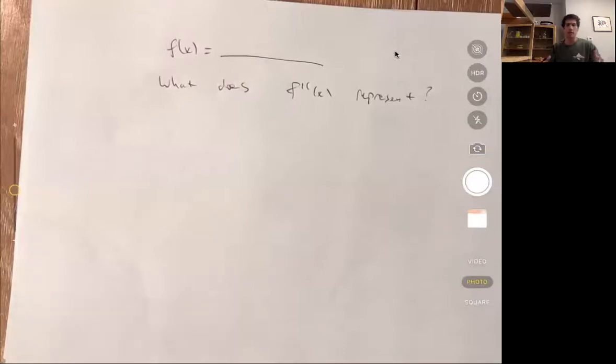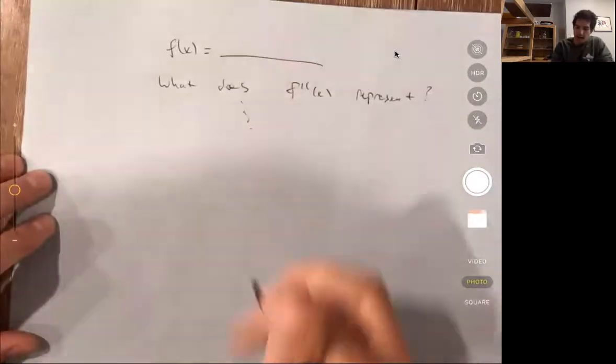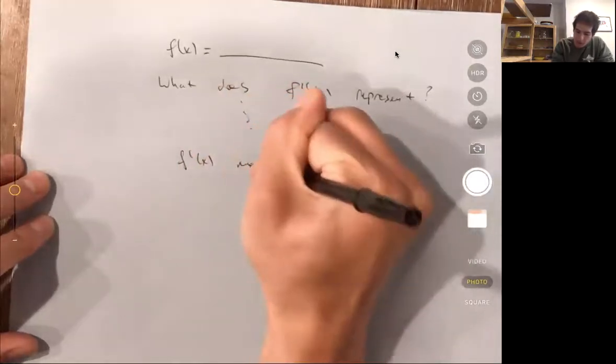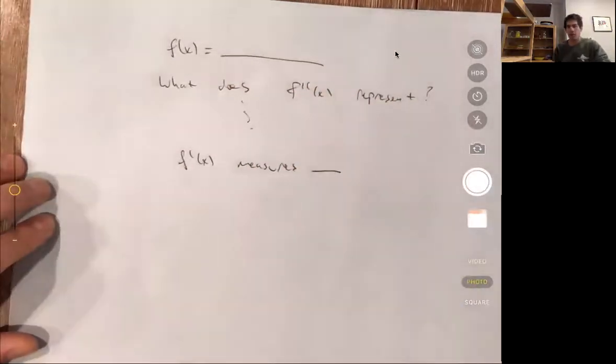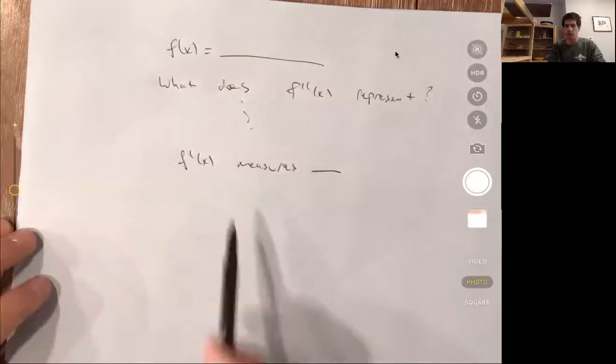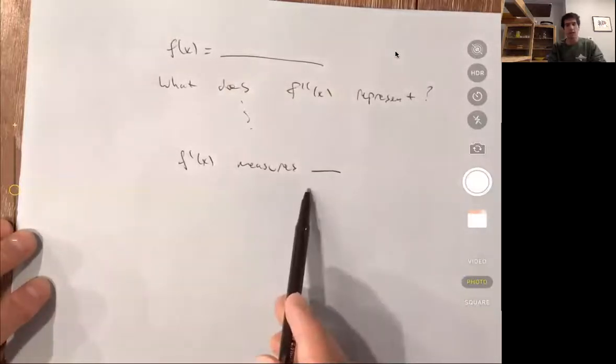I think the best way to do this is to just ask the question about the first derivative twice. So we understand how to represent f prime of x and what it measures. Whatever the function is, f prime of x measures the rate of change of the function. It depends what the situation is, but we understand how to interpret this.